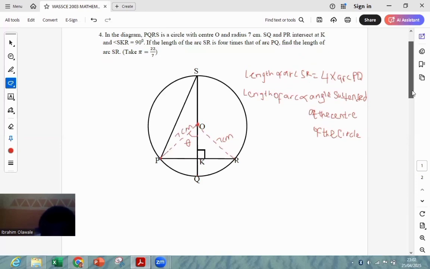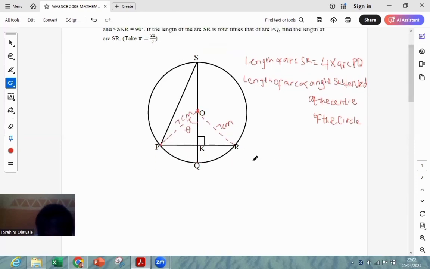By our knowledge of circle geometry, we know that angle subtended at the center is twice angle subtended at the circumference. Arc PQ subtends angle theta at the center of the circle and also subtends an angle at the circumference, which is angle x here.